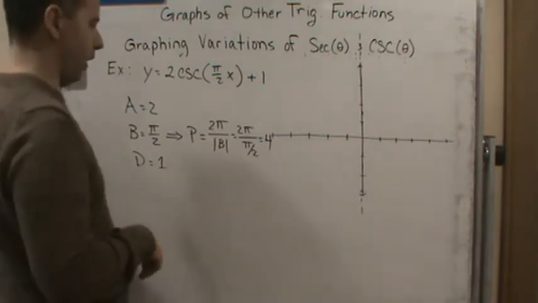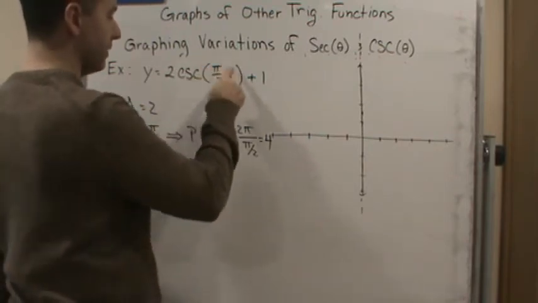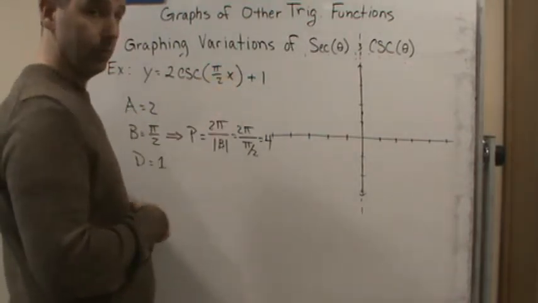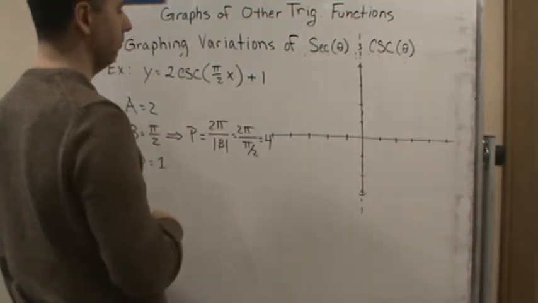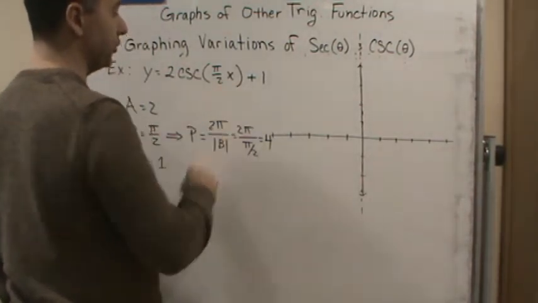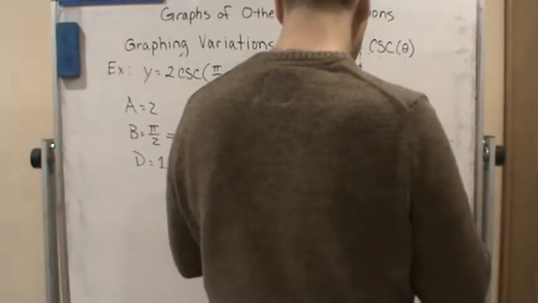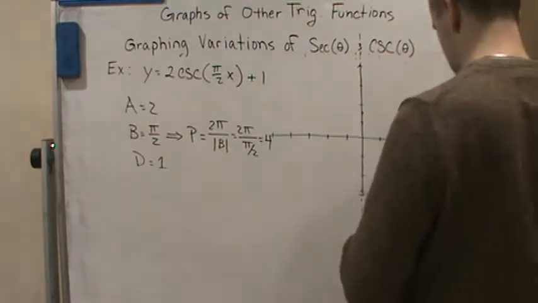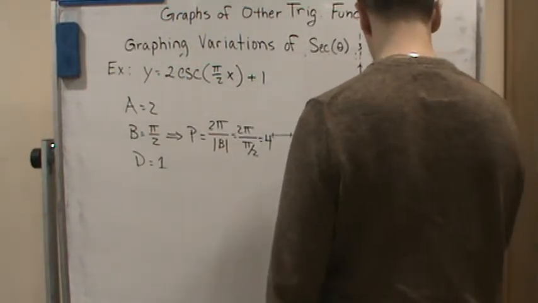Now, where's the next one? Well, the next one is going to be when this argument in here is pi. So when is this going to be equal to pi? When x is 2. So at x equals 2, there's going to be another asymptote.